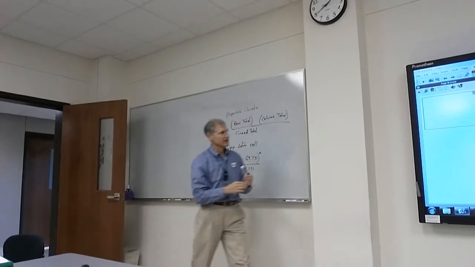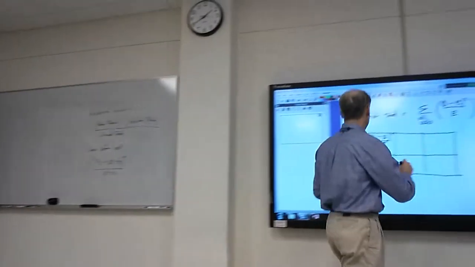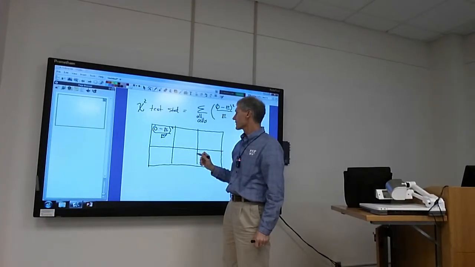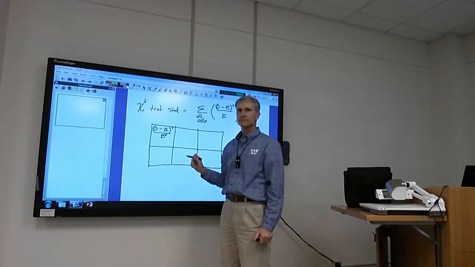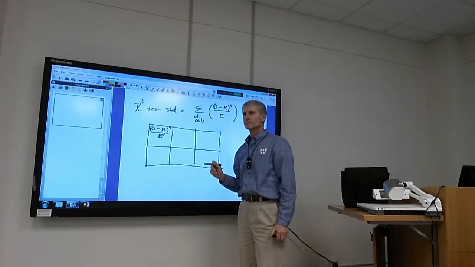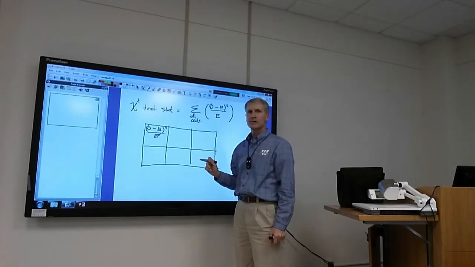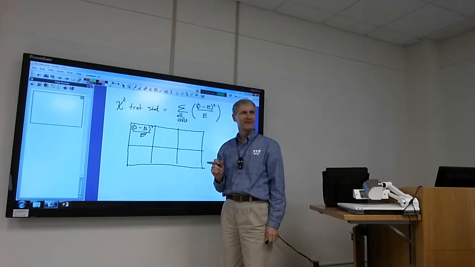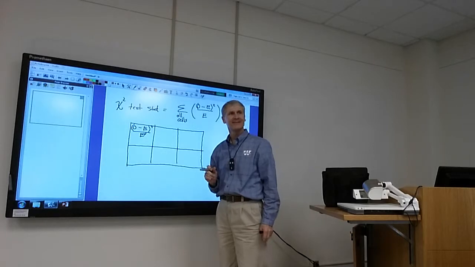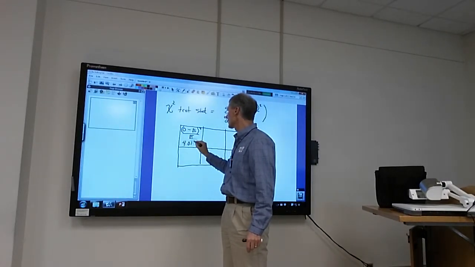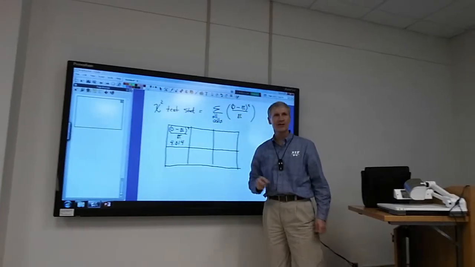Do that on your calculator. As soon as you got it, yell it out. 4.014. If anybody disagrees, then sing out.